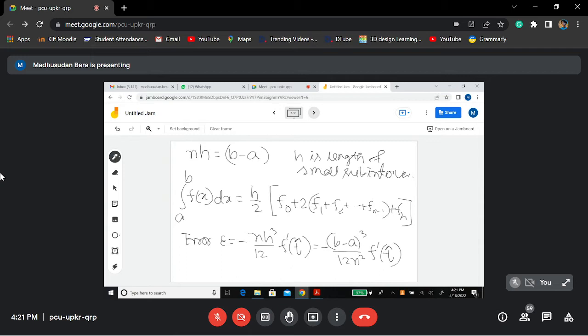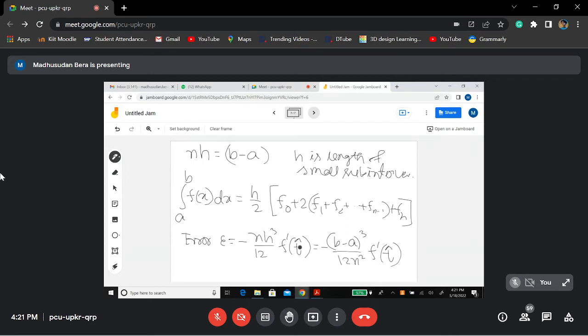One thing, if n goes to infinity, what is the error term? Error goes to 0, because 1 by n square goes to 0. That's why if we take more number of data points, the actual value and the value of the integration this way are almost equal.